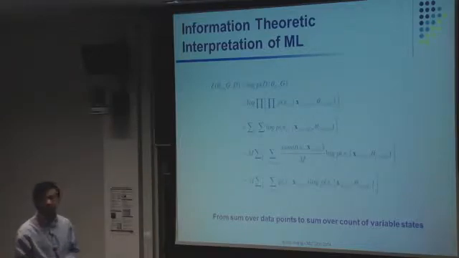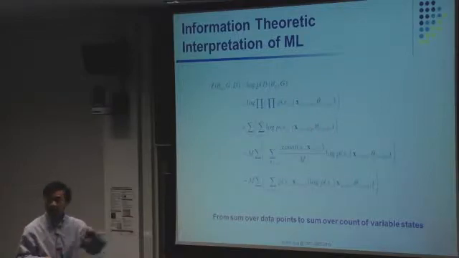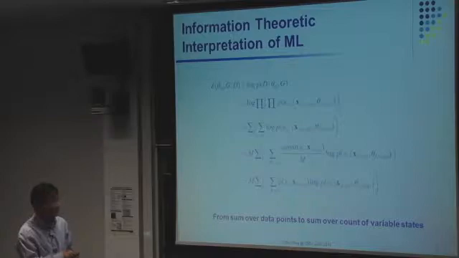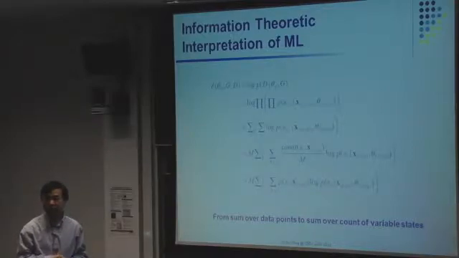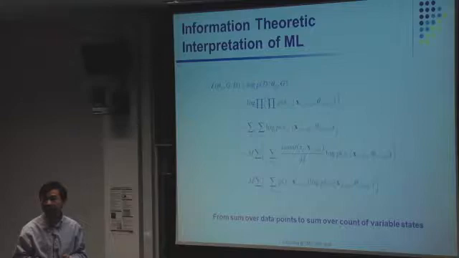And then I'm going to do another transformation. So here, I'm basically counting this instantiation of the node and its parent over all the data instances. Here, I'm redoing the counting. I'm going to count not over instances, but over different instantiations, or different values, that this node and its parent can take.